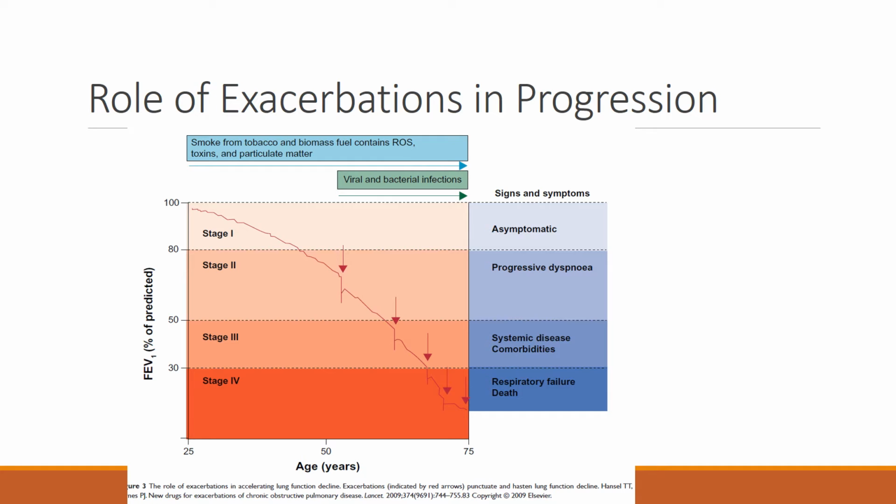You don't really see the spike back up to previous levels. So the more that we can limit those viral and bacterial infections, the smoke, we're going to limit those exacerbations, and we're going to limit the decline, or at least lengthen out that decline so that somebody can stay in stage 2 perhaps a little longer. So patients who have more exacerbations are going to progress more rapidly.